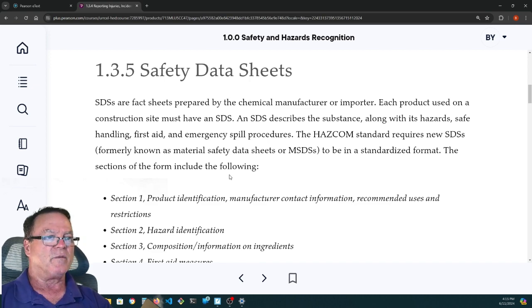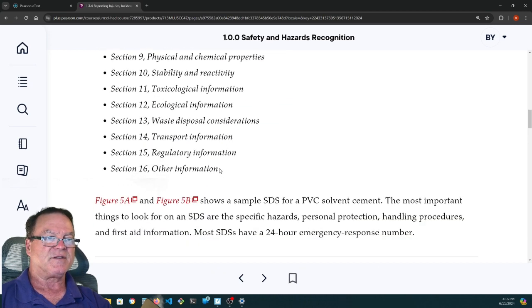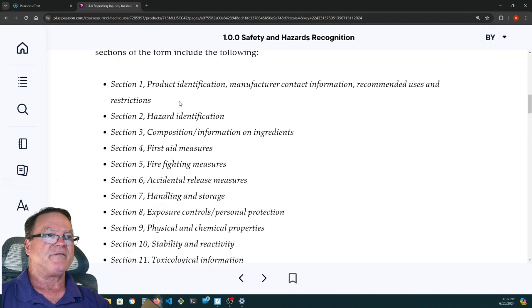The sections of the form include the following, and they've got, I think, 16 sections. You have to have the product identification, hazard identification, composition information on the ingredients, first aid measures, the firefighting measures, accidental release measures. But in the first section, Section 1, you have to put the manufacturer contact information and recommended uses and restrictions.